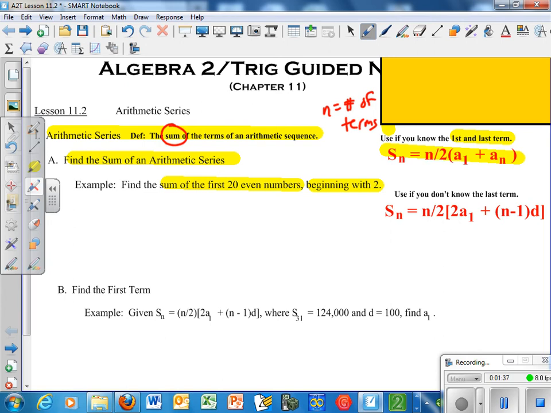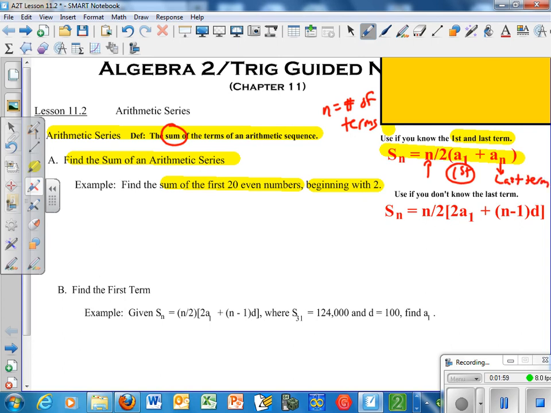That capital S with the subscript of n means the sum of whatever number of terms. So n right here would be whatever you're finding the sum of, how many terms. A1 is the first term. A sub n is the last term. So if there were 15 terms, it would be A15.